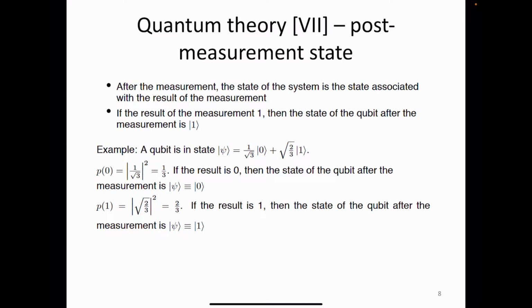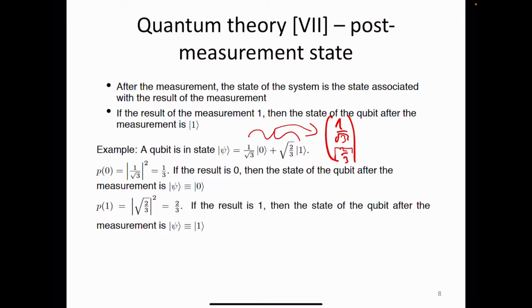If we write that down differently in terms of the amplitudes, as a vector, we have 1 over the square root of 3 and the square root of 2/3. This is how you would represent the probability amplitudes in vector form. This is exactly the same state as you see here.